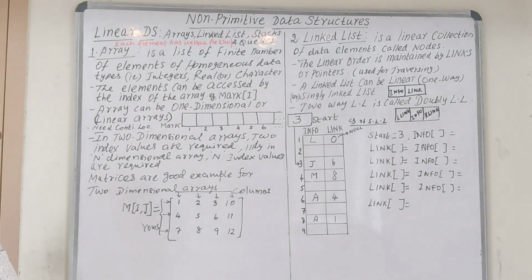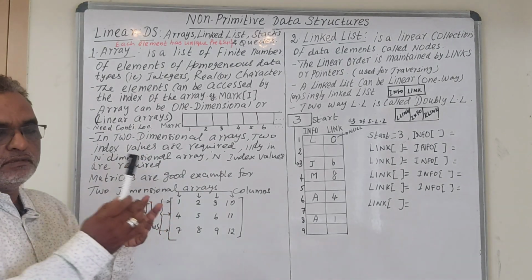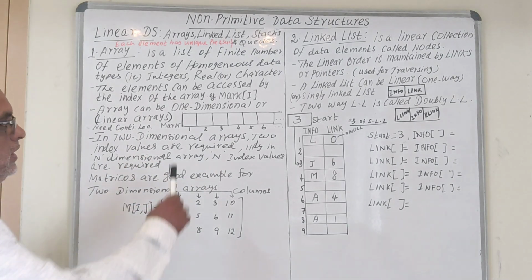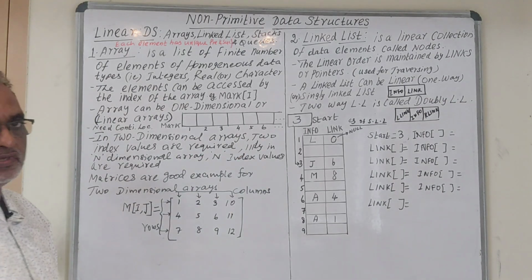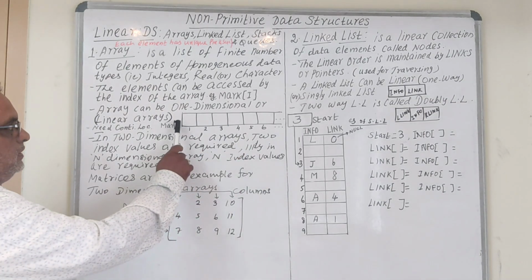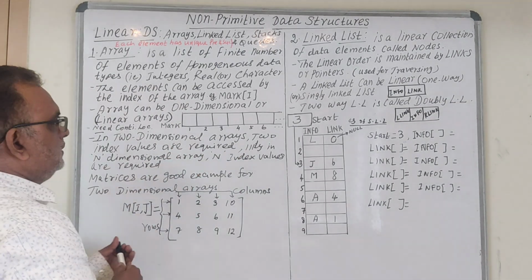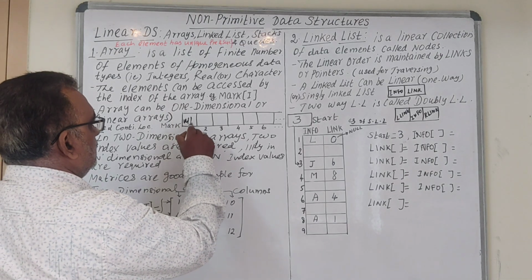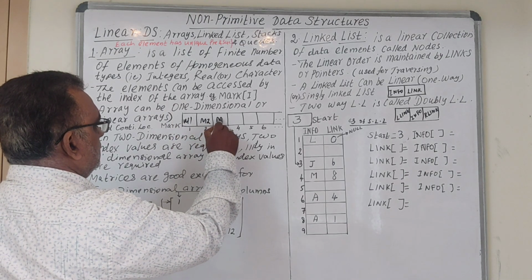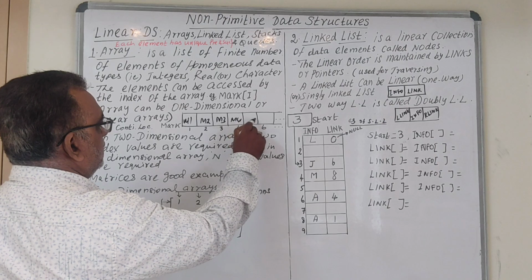As far as memory is concerned, it needs a continuous block of memory in order to store the values of the array. For example, this is mark 1, this is mark 2, mark 3, mark 4, etc.